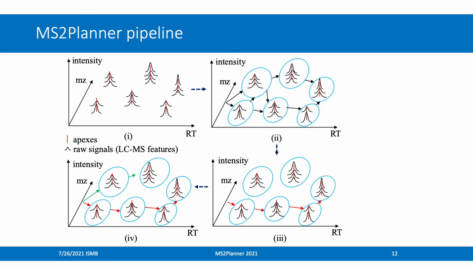Then we find the longest path of the graph so that the path can cover as many clusters as possible. In this way, we maximize the number of distinct MS2 acquisitions. And last, if we want to schedule multiple data collection paths, we can simply remove the nodes in the first path from the graph and then find the longest path in the remaining graph.